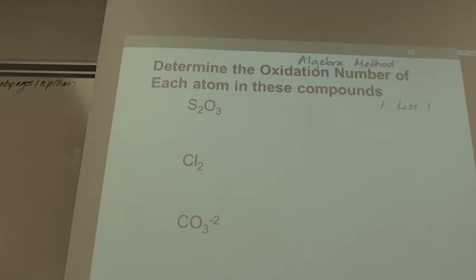Step 1: list the types of atoms in the compound. So here we go. We have sulfur and we have oxygen. Here's something you're very good at: count the atoms.